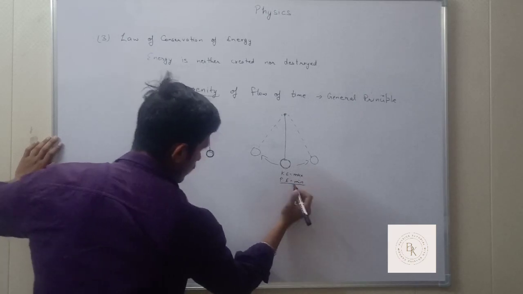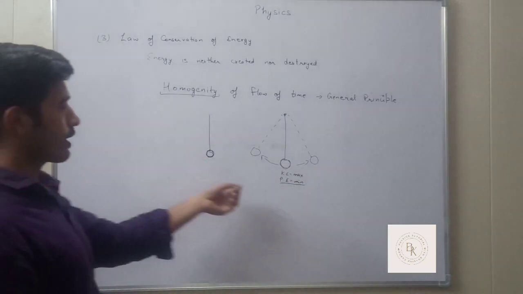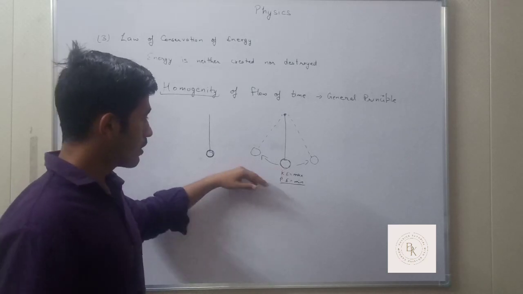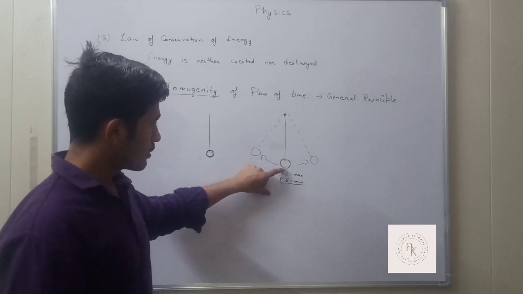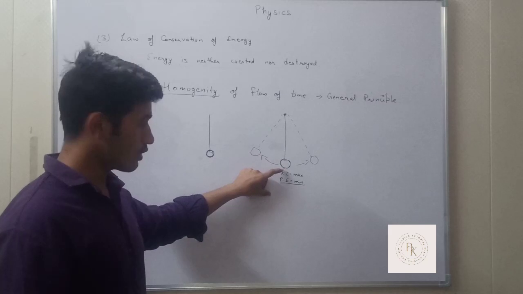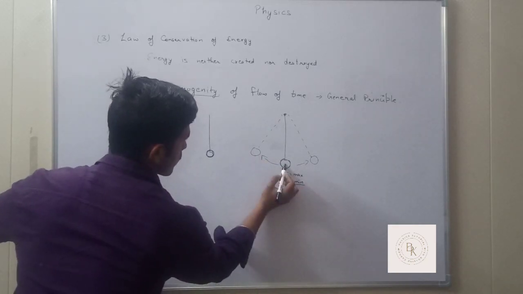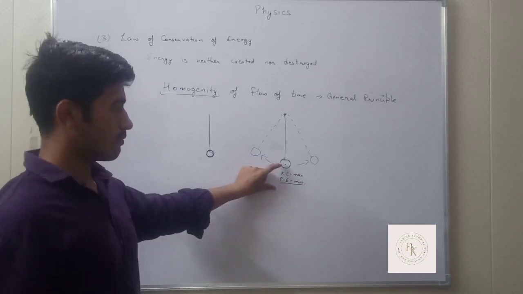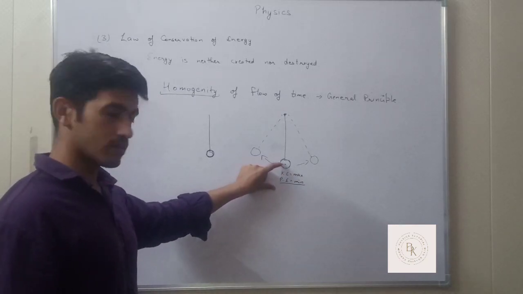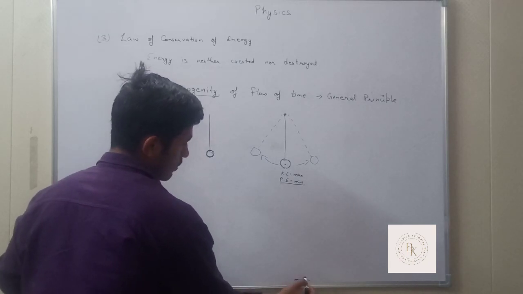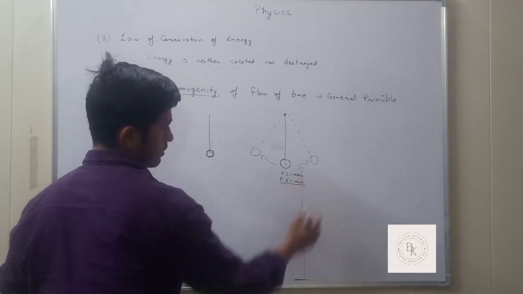And why so? Because here the potential energy is 0, if we take the center as the reference. But otherwise, if the reference is here, then there is some potential energy.